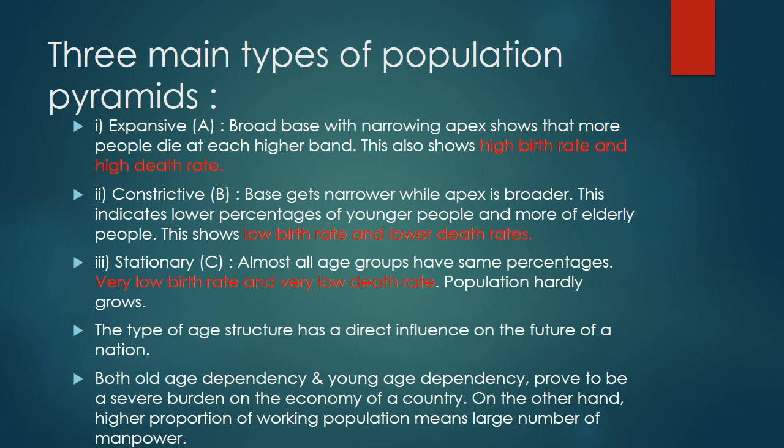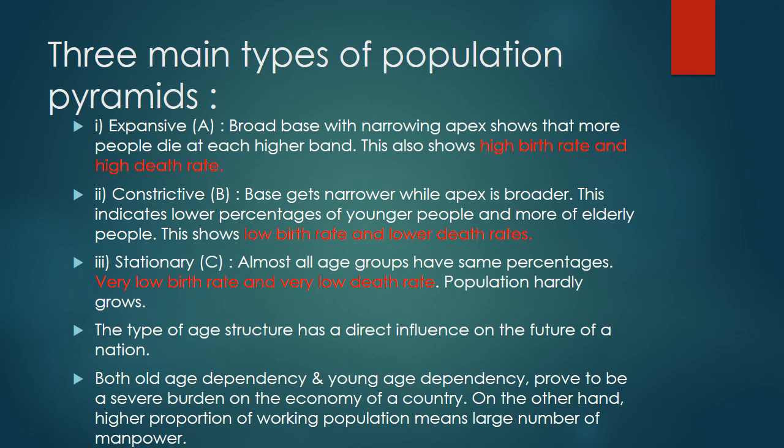The type of age structure has a direct influence on the future of a nation. Both old age dependency and young age dependency prove to be a burden on the economy of the country. On the other hand, a higher proportion of working population means a large number of manpower. As you all know, old age people as well as young age people are the dependent part, and they are dependent on whom?